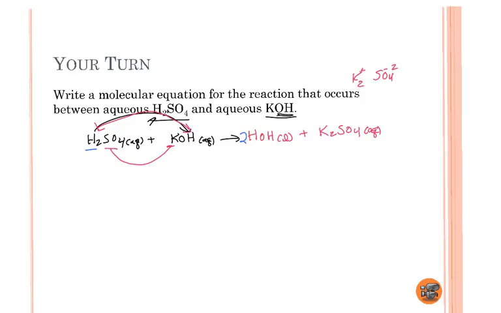And here we have 2 hydroxyl groups on the right side, so that means we need to put a 2 right here to balance the left side. Now we have 2 potassiums on the left side and 2 potassiums on the right side, so this looks all balanced. Let's rewrite it more neatly.